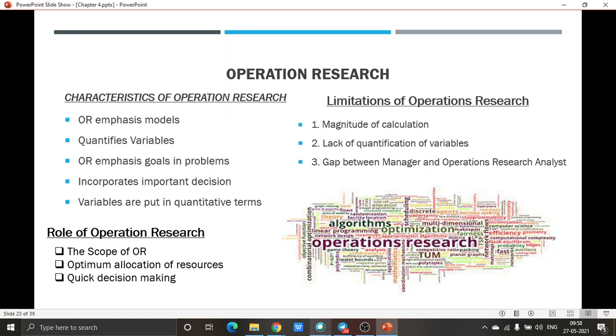So, from the example that we just discussed, we can see that operational research covers almost the entire range of business activities in a business organization. For every other field where the variables of the problems can be quantified, we can definitely use operational research to get optimized and better results.